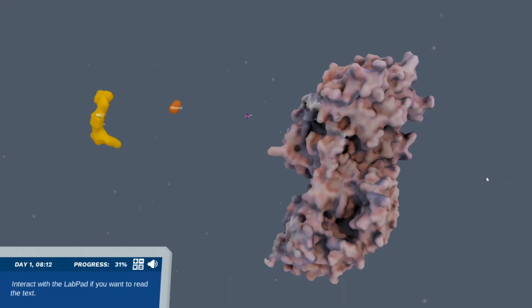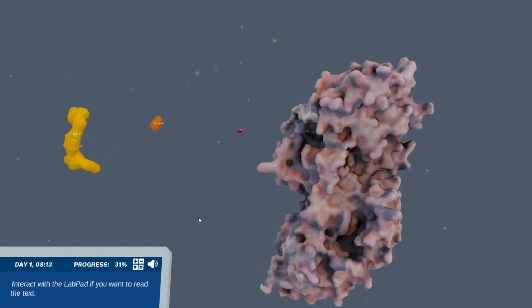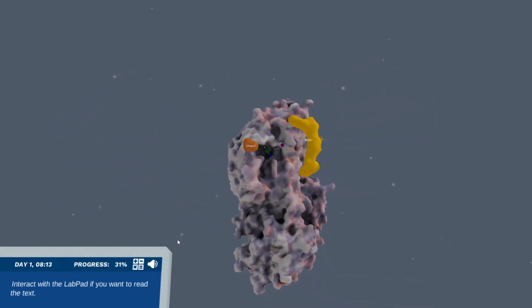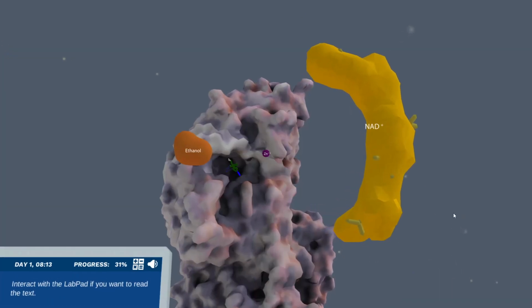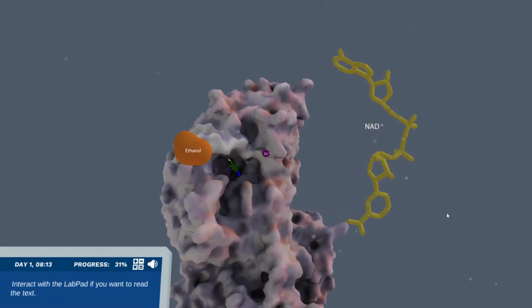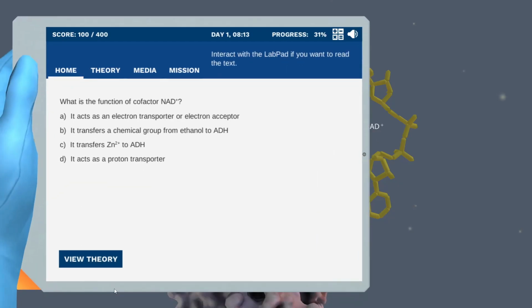This is the enzyme alcohol dehydrogenase with its substrates and cofactor. NAD+ is a cofactor that is needed for the reaction to take place. What is the function of cofactor NAD+?